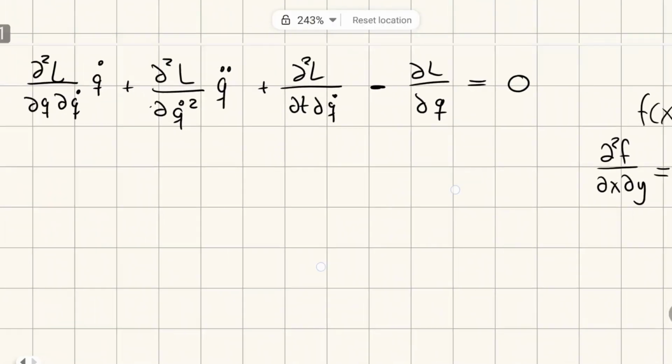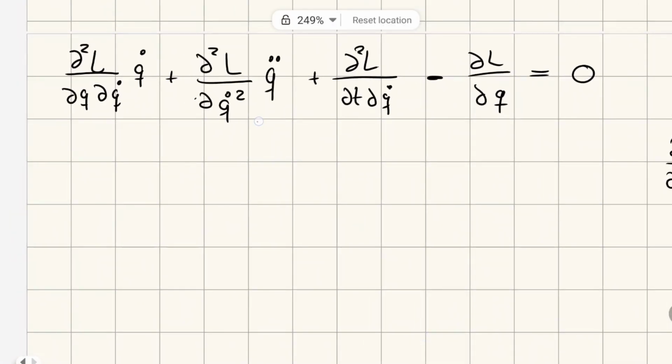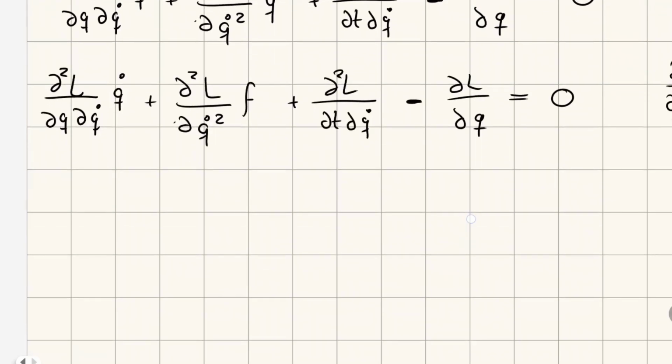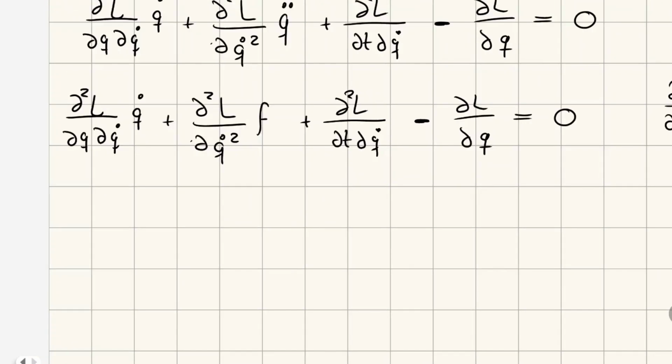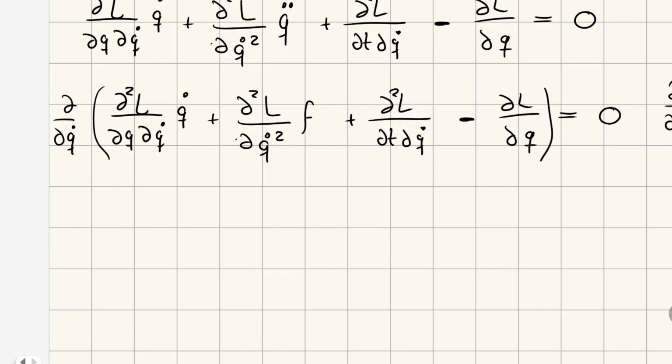That also means that we can rename this q dot dot with f. So we get that equation. Now we are going to take the partial derivative with respect to q dot in every part of this equation, so it will be something like this.